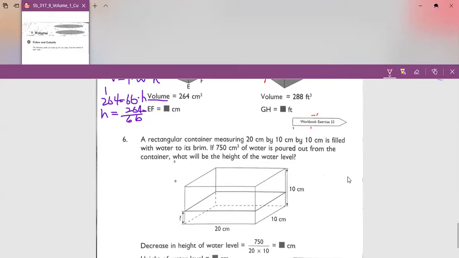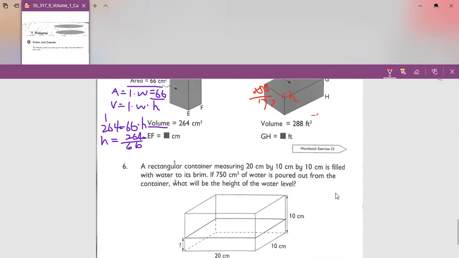Now we're going to move to our example for number 6. Grace, can you read the question for us? Sorry, I had to unmute myself. Okay.